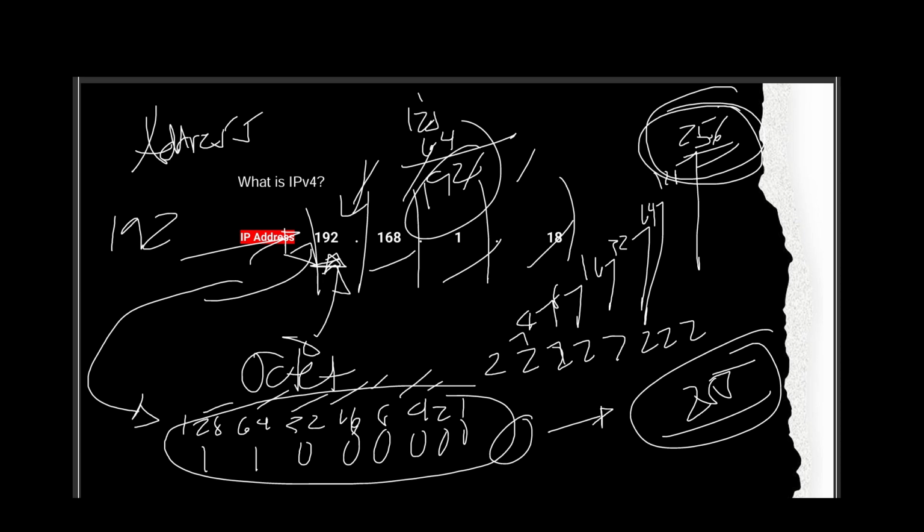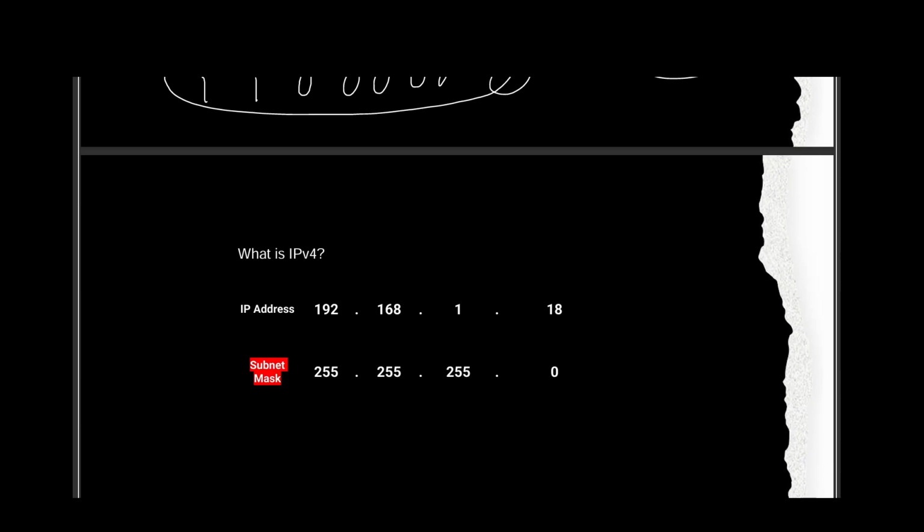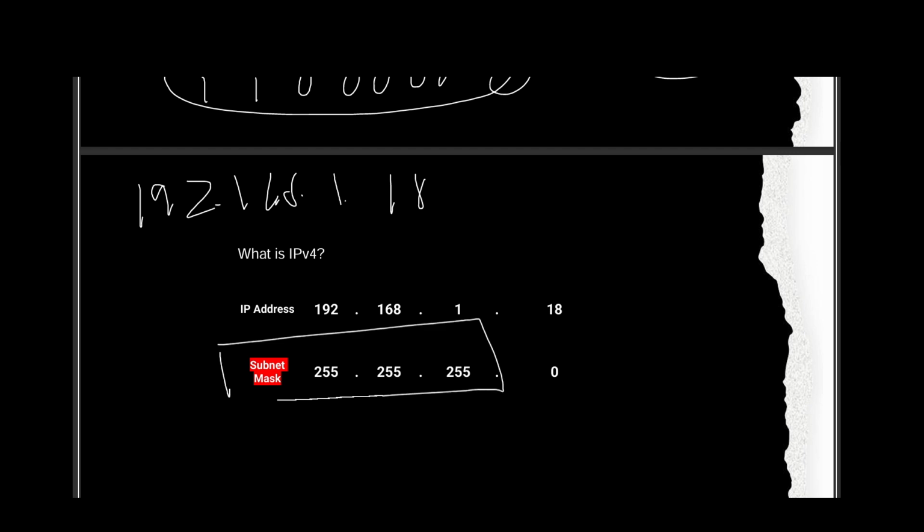Now, how can we connect one IP address to another? The only way for us to know that is by using the subnet mask. The subnet mask basically divides the address into network and host levels.